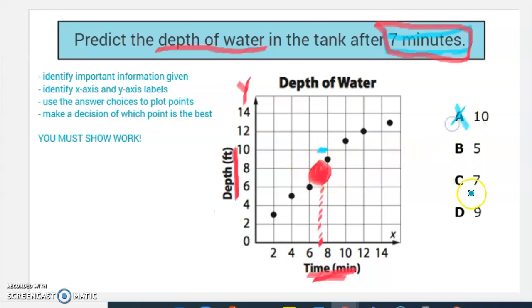So A is not correct. 5, between 4 and 6, if I come over to my points, that is too low for where I want it to be. 7, between 6 and 8, if I move to the right, you can see that you do land right in the part that you shaded. So I would say C is my correct answer. 9 would still be above where I would like it to be. So I would say definitely answer choice C is my best.